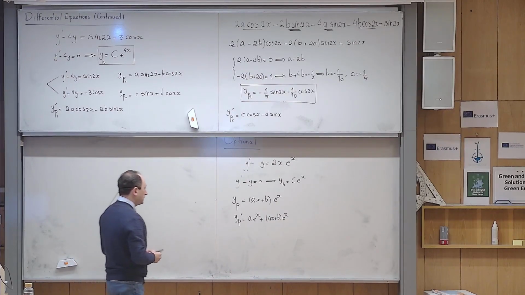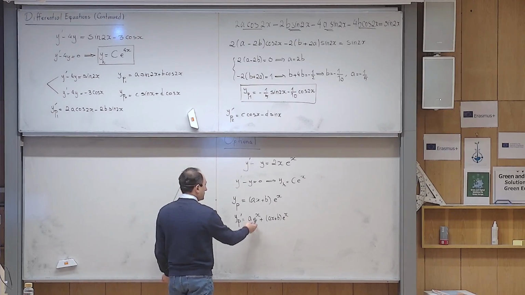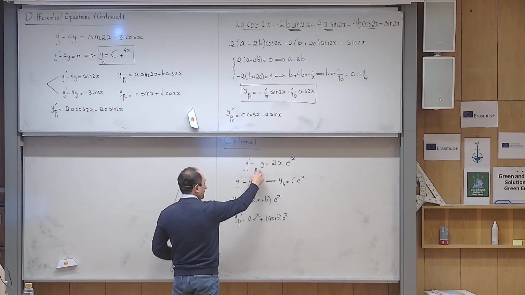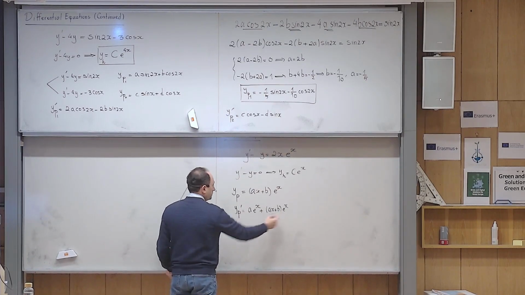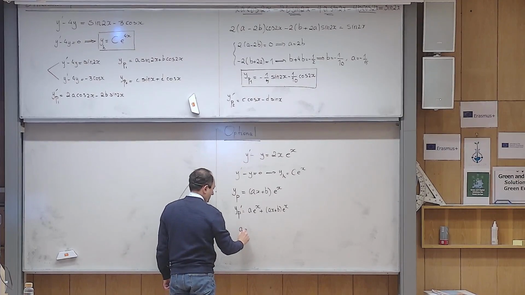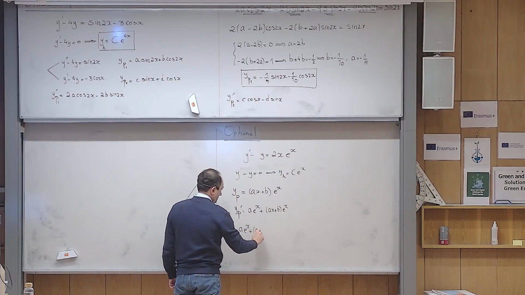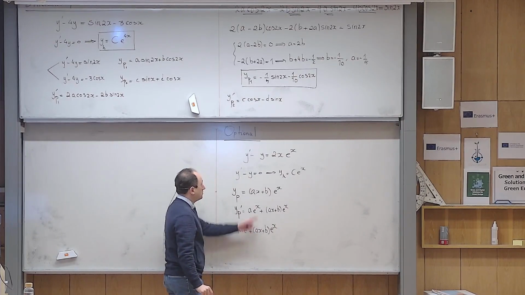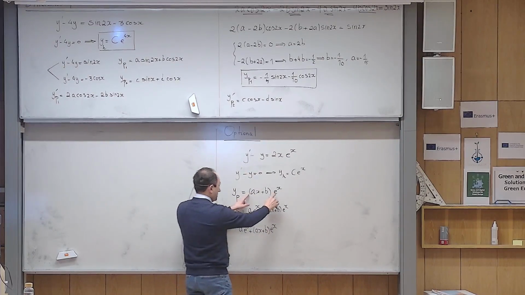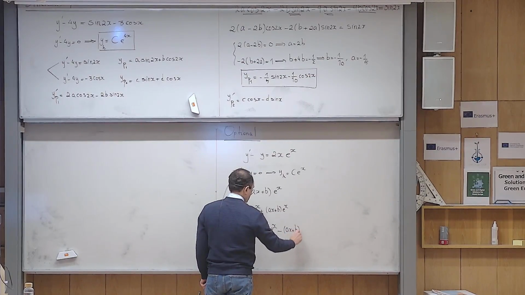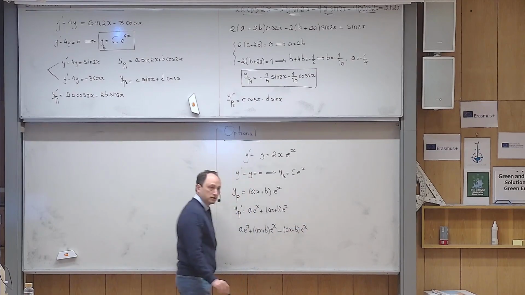And then when I put it back into the original equation, what should I write? Instead of y prime, I write this. Minus y, which is this. Yes?